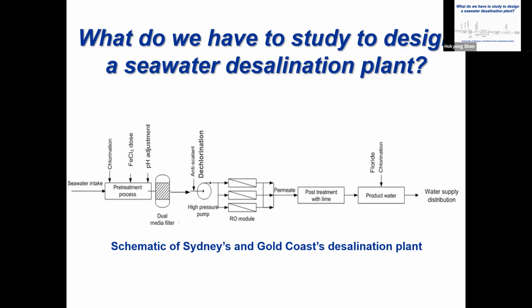And dechlorination. So initially we chlorinated and dechlorinated again. What happened is the chlorination avoids your biofouling. There are many different microorganisms coming through your water.